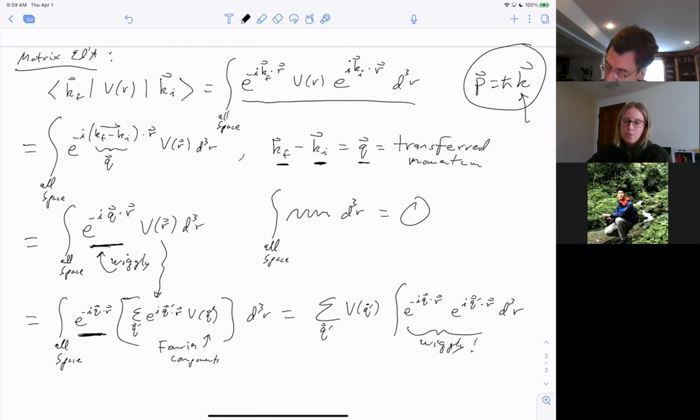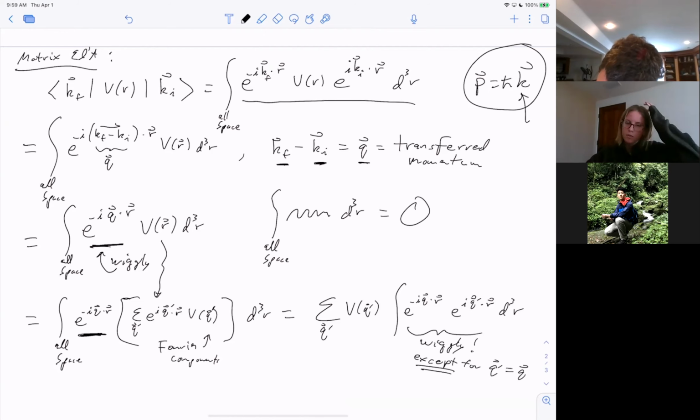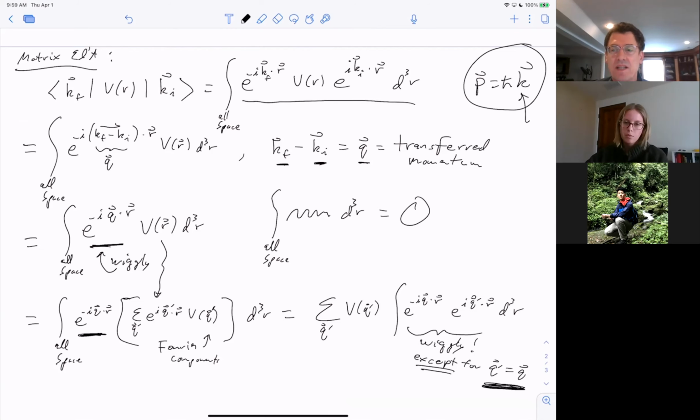Yes, that's right. It's wiggly except for Q prime equals Q. That's right. The integral is zero except for that one component.